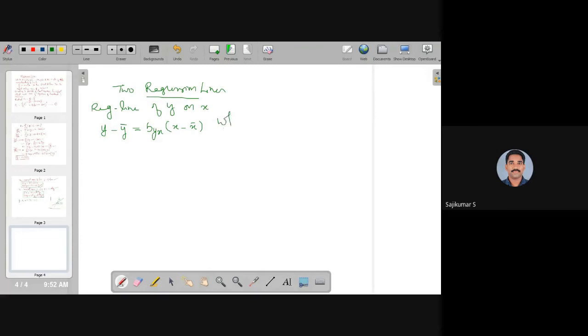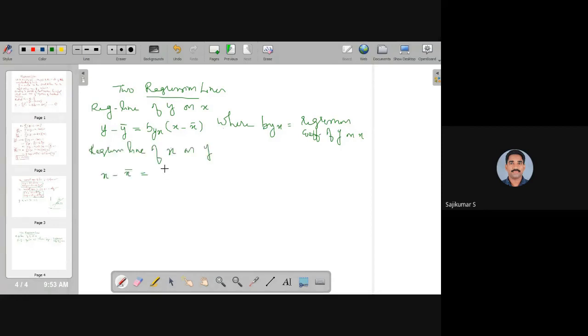of y on x. What is the meaning of y on x? Y on x means we are predicting the value of y in terms of x. So it is called the regression of y on x. And similarly, we can have the regression line of x on y.